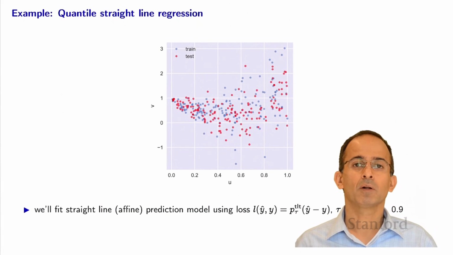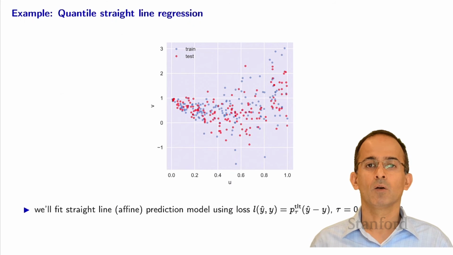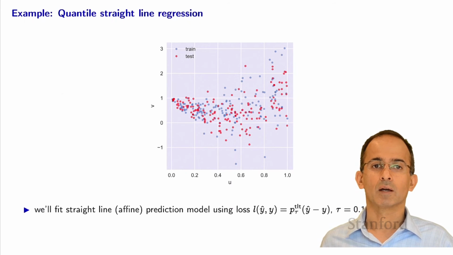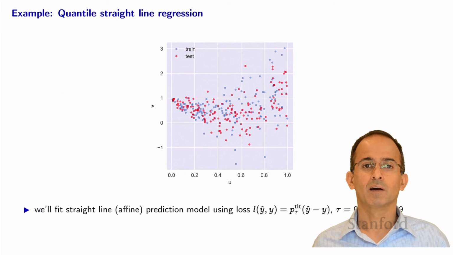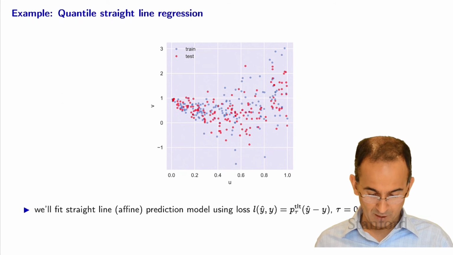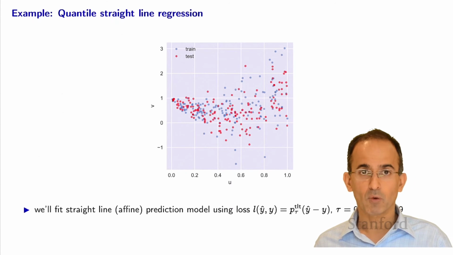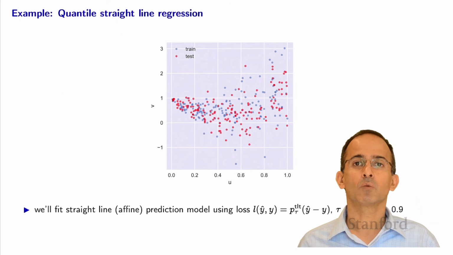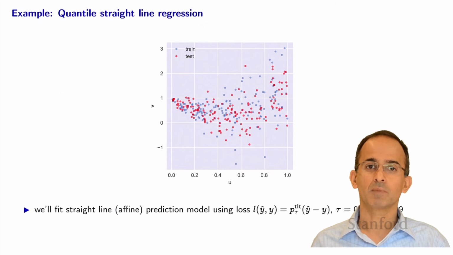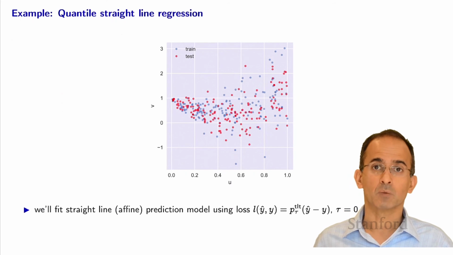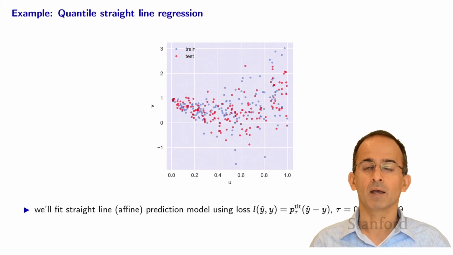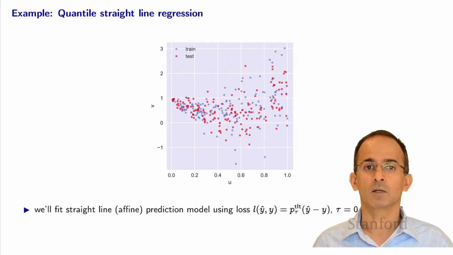Let's look at an example of ERM where we're trying to fit data. Here we have a bunch of data points. Again, similar one-dimensional u, one-dimensional v, and we're going to embed by x is equal to (1, u).